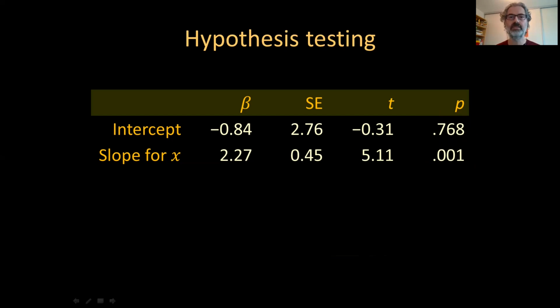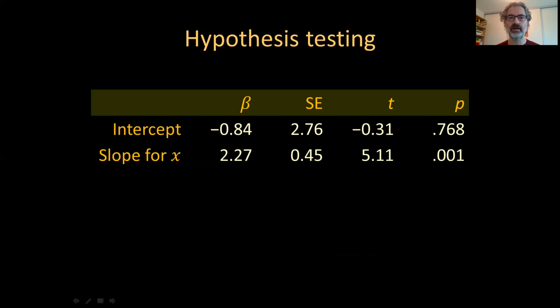In general, we don't care about the intercept. The intercept is necessary for finding the best prediction line. The intercept is one of the two values that define the regression line. So it's necessary to compute, but we don't care if it is statistically significantly different from 0 or not.